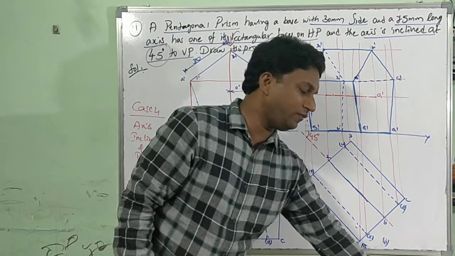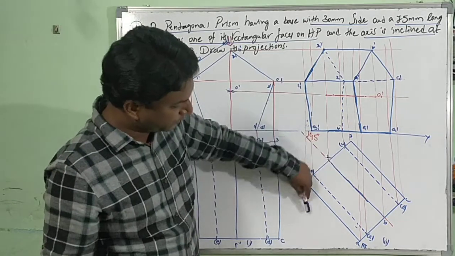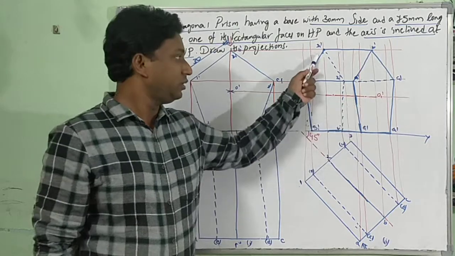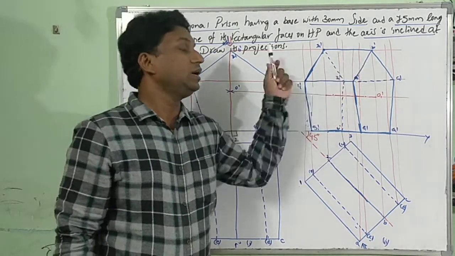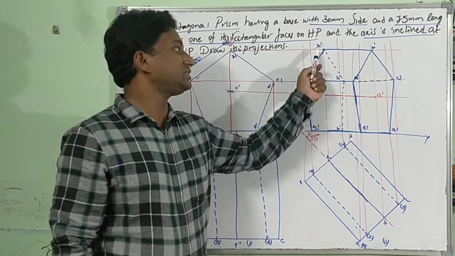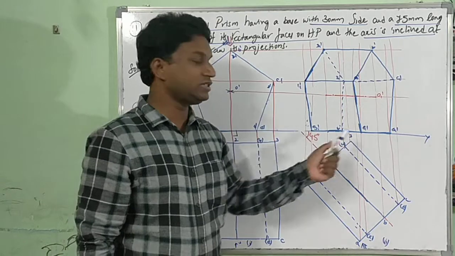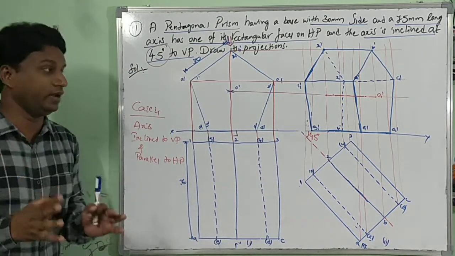When drawing the front view, you are supposed to understand with respect to the half line which base is clearly visible and thick, which is partially visible, which is hidden, and which vertical edges, 2 dash B1 dash, 1 dash A1 dash, 5 dash, are thick and which are hidden.